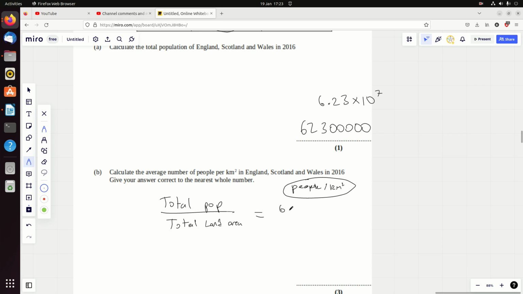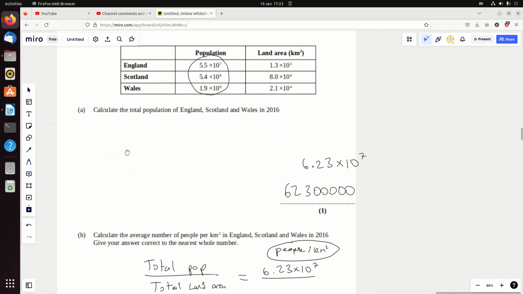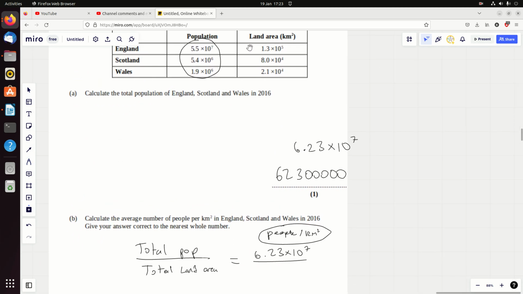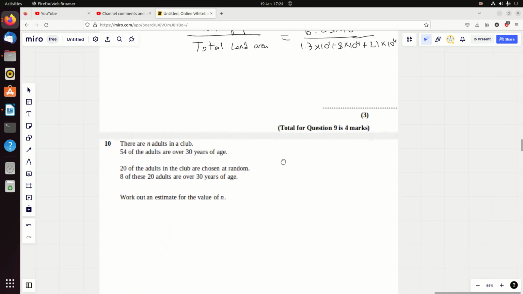So I need to do 6.23 times 10 to the 7 because I've already worked that out. For land area, as this is worth 3 marks, I need to show a little bit of working here. So put these on the bottom all being added up: 1.3 times 10 to the 5 plus 8 times 10 to the 4 plus 2.1 times 10 to the 4. And that comes to 270 people, and I've accepted any answer in the range 269 to 270 there.